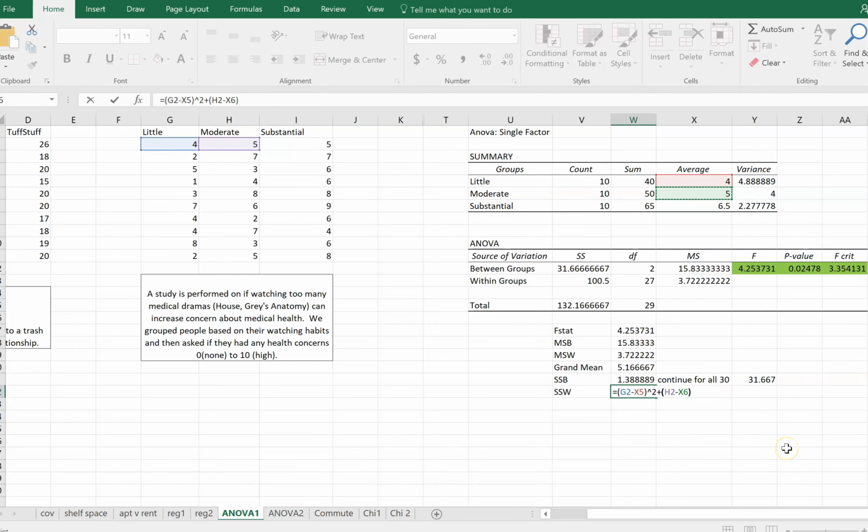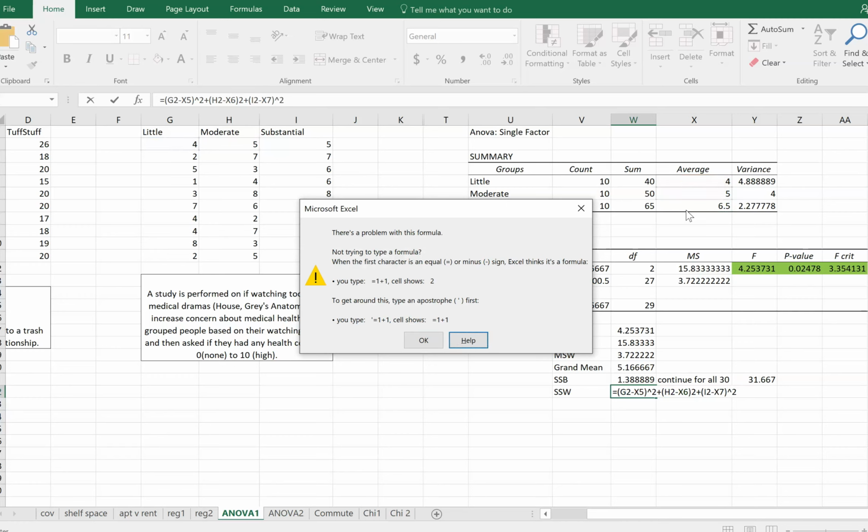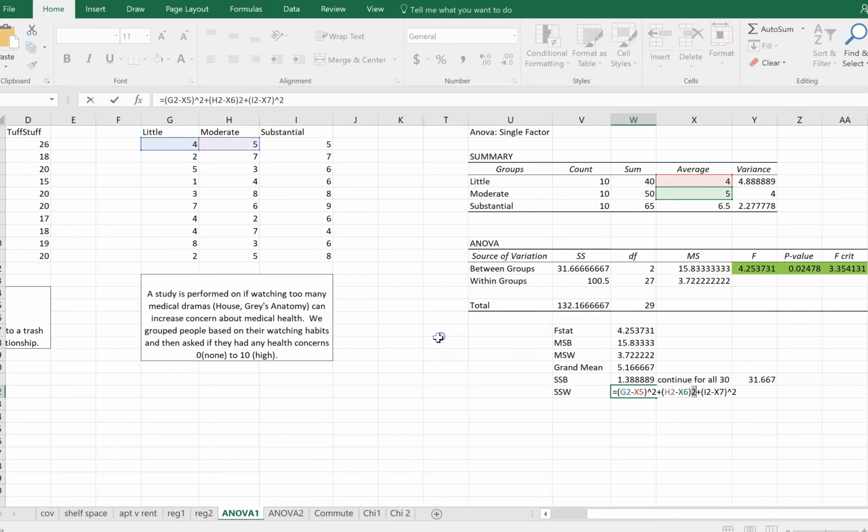Then you would square that, plus, and then you would take this one, take away the average of the group it's in, squared. I know I wrote the formula wrong. That should be a squared. I saw that. You must continue this through every element. You don't just stop.